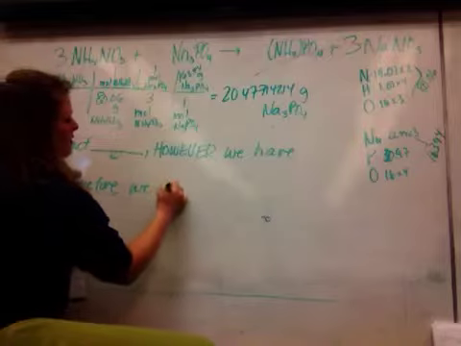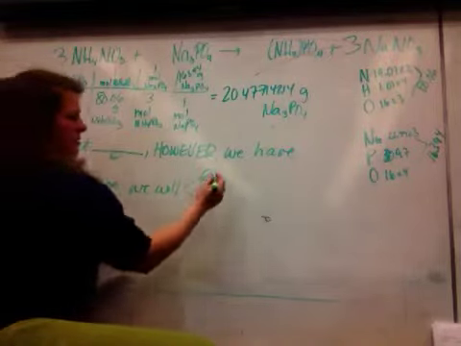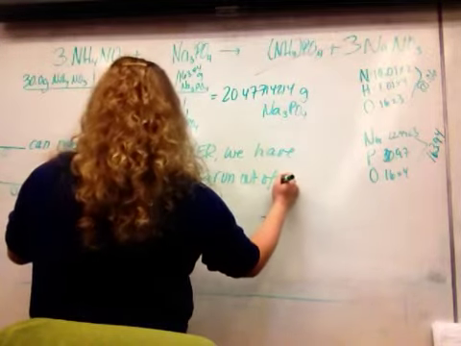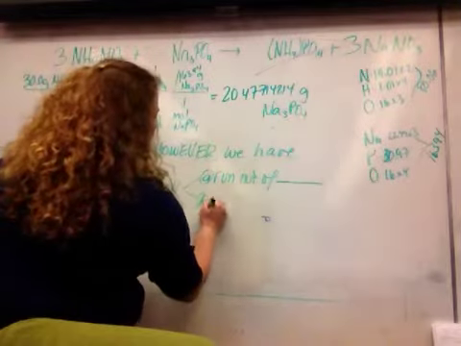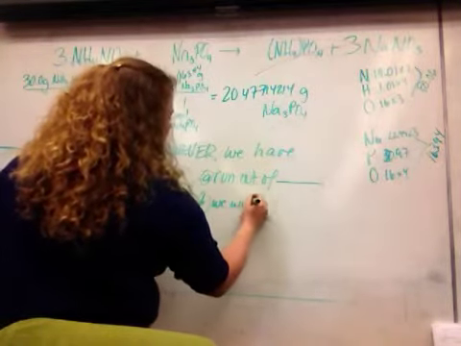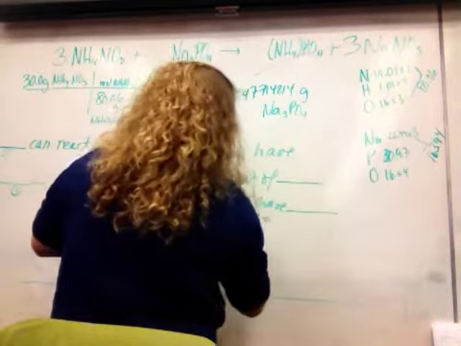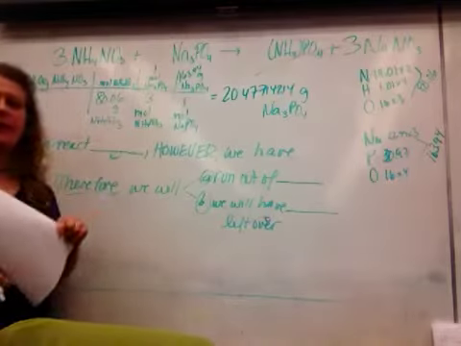Therefore, there are two things that can happen. A, we will run out of blank, or B, we will have blank left over.